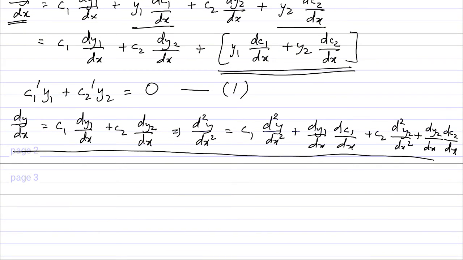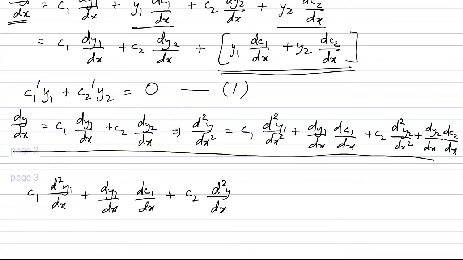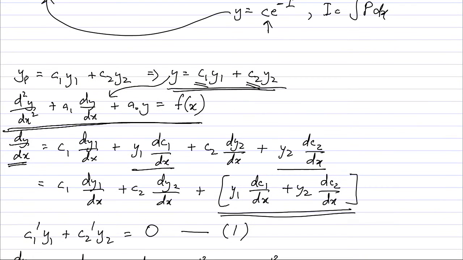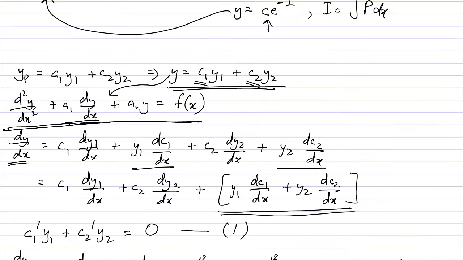So you have c1 d2y1 by dx2 plus dy1 by dx dc1 by dx, plus c2 d2y2 by dx2 plus dy2 by dx dc2 by dx, plus I also have the first derivative, and I have to make sure that I multiply everything with a1.